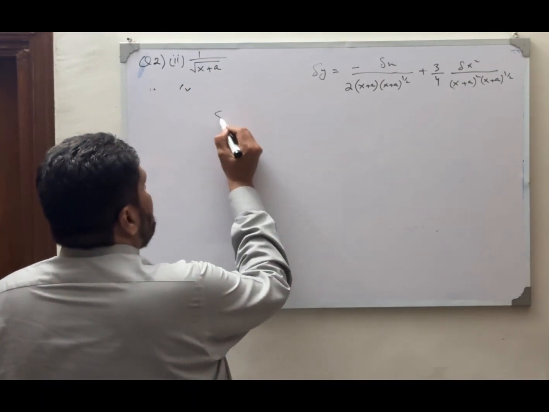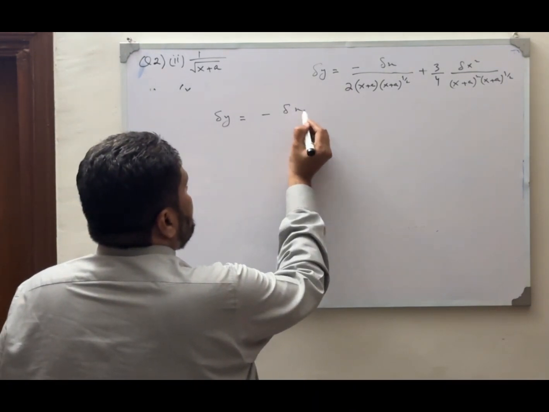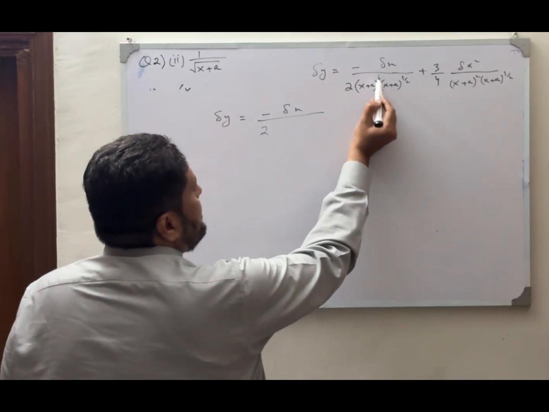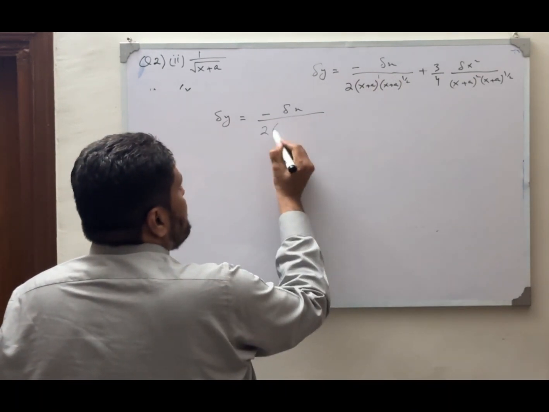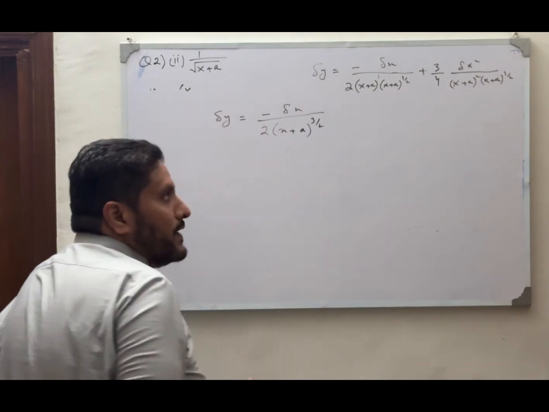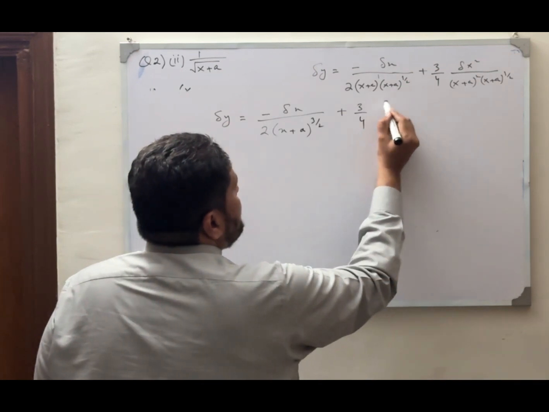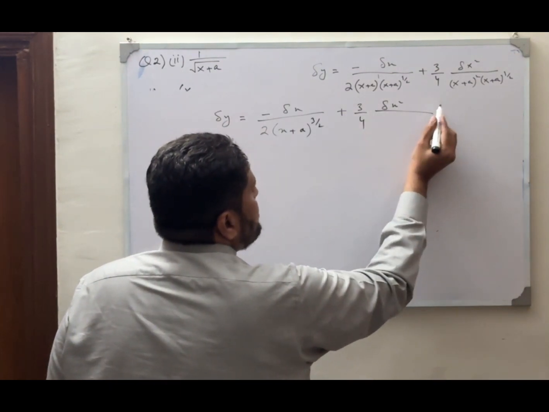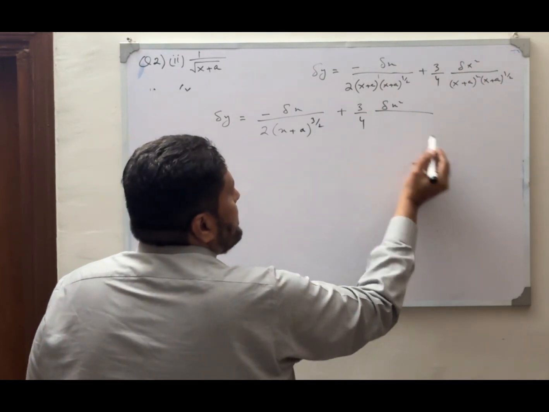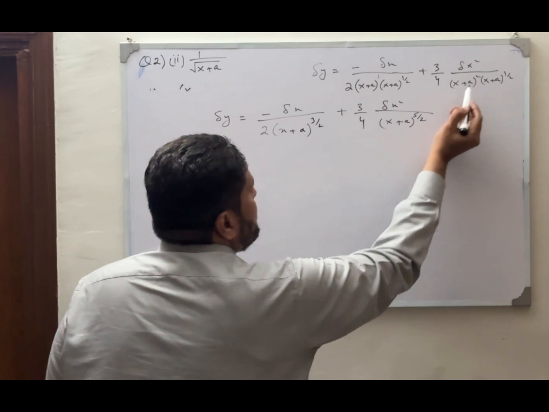So delta y is equal to minus delta x whole divided by 2 into (x + a) power 1 plus 1 by 2, that is equal to 2 into (x + a) power 3 by 2, plus 3 by 4 into delta x square whole divided by (x + a) power 2 plus 1 by 2, that is equal to (x + a) power 5 by 2.